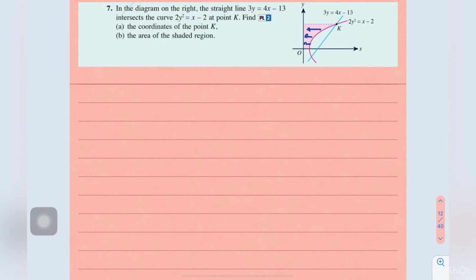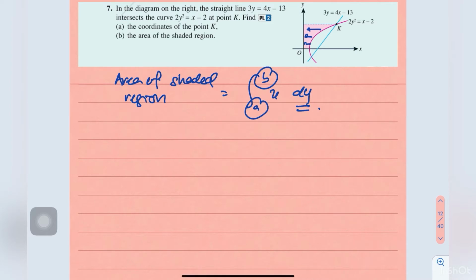So we can use the formula for area with respect to y, the integral from a to b of x dy, where a and b are values of y. Just now K is (4, 1), so we substitute the lower and upper limit. Lower limit is 0, upper limit is 1.